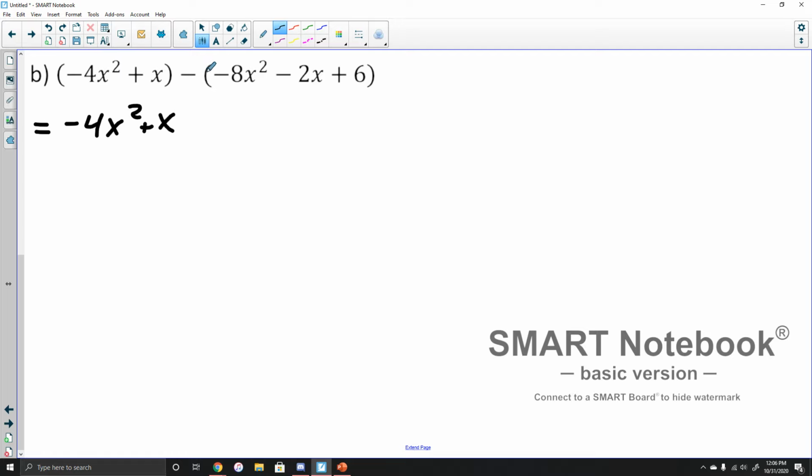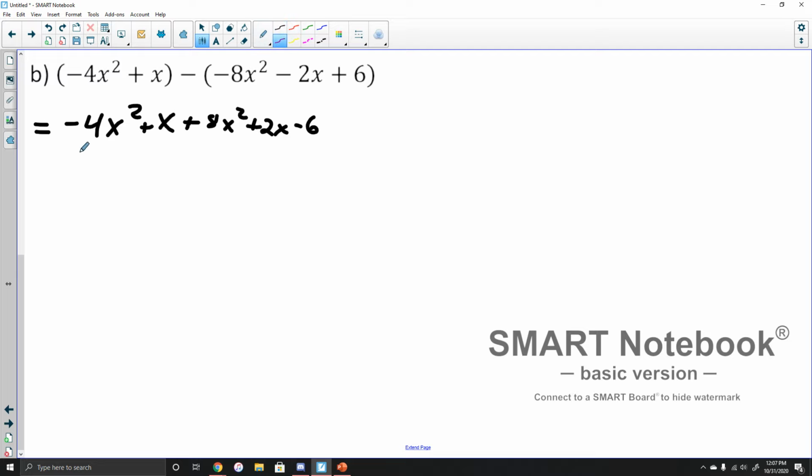So minus this whole chunk really means, what is minus negative 8x squared? And minus a negative really means a positive, right? So plus 8x squared. And then minus a negative again really means plus. And then minus a positive really means minus.